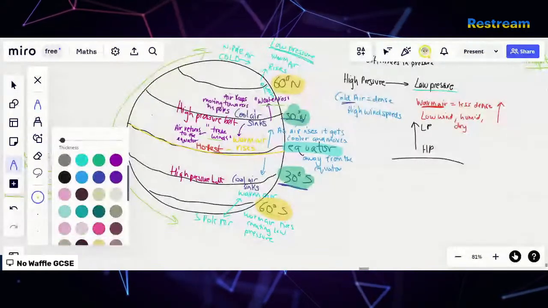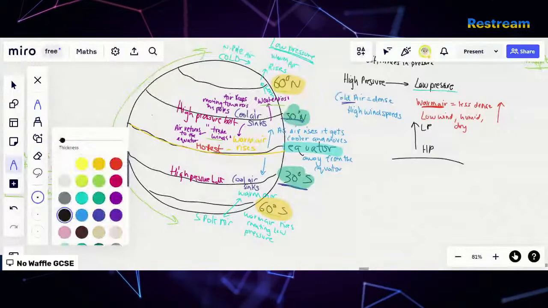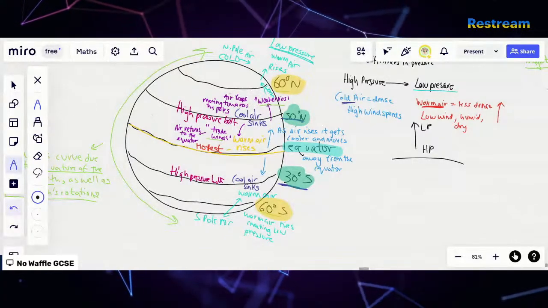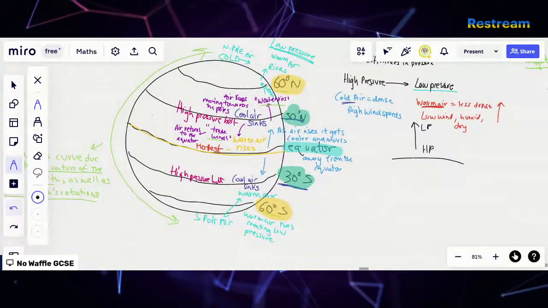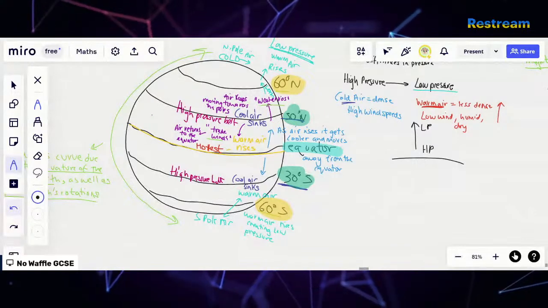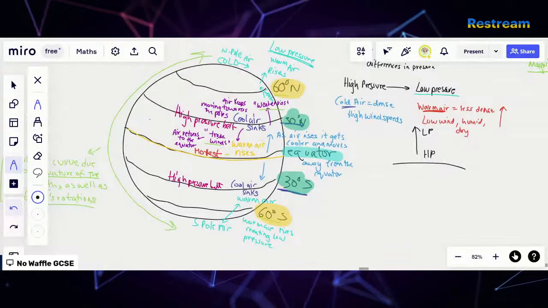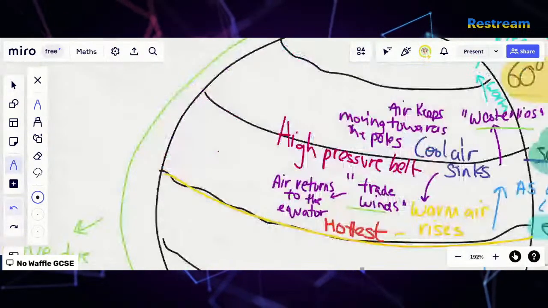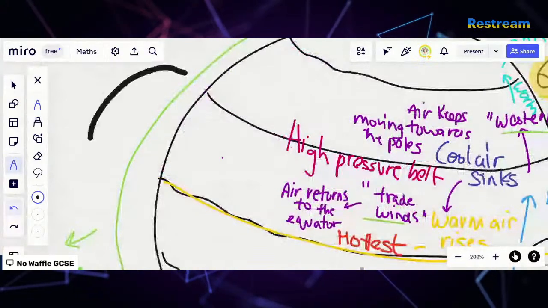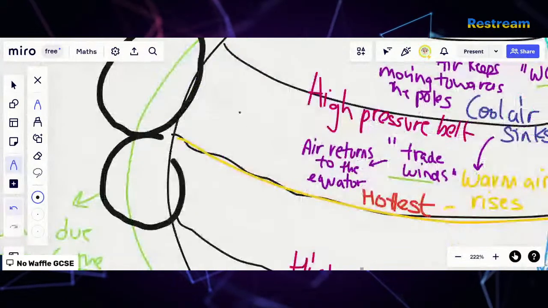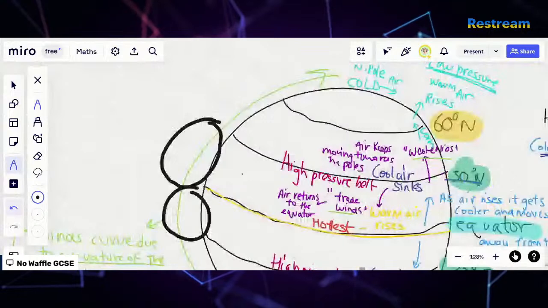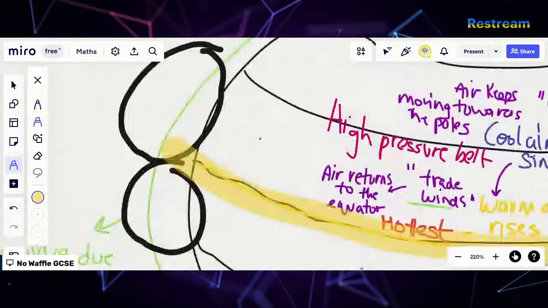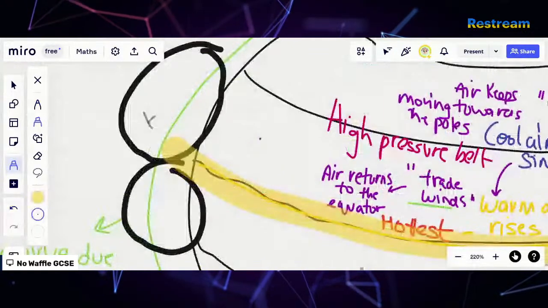Okay, I'll draw in black. So the first loop is, as you can see, it starts from the equator and we have Hadley cells. So let me do it on this side of Earth. So imagine this line is the equator. That's the equator. So the first cells we have are called the Hadley cells.